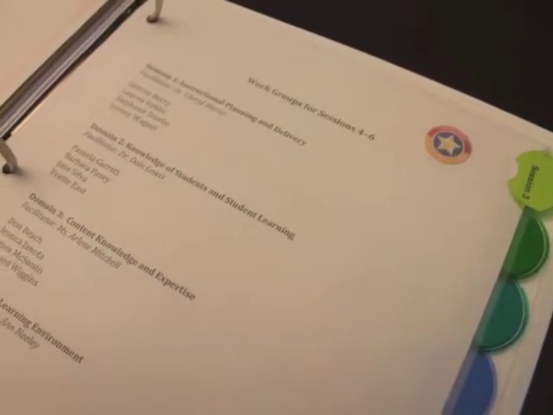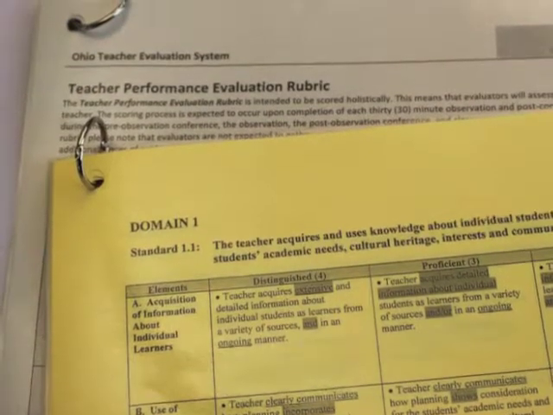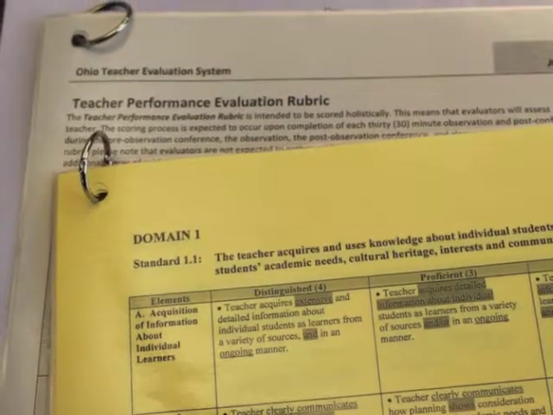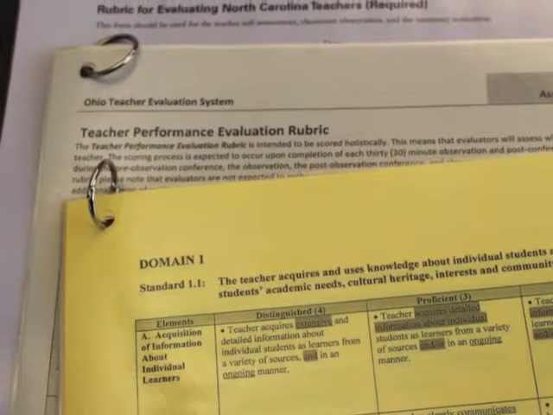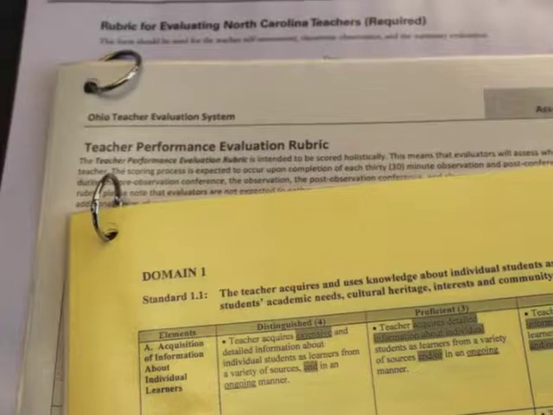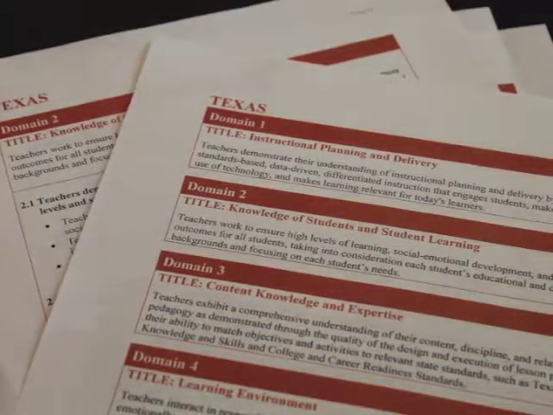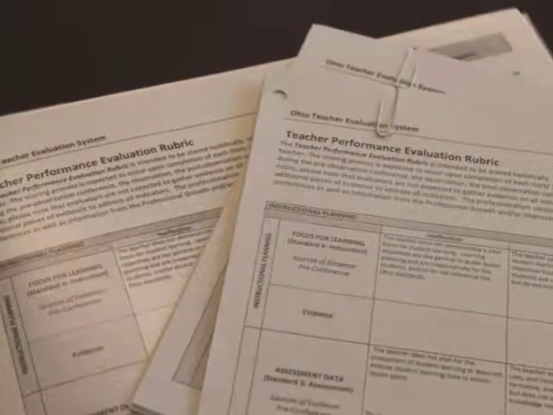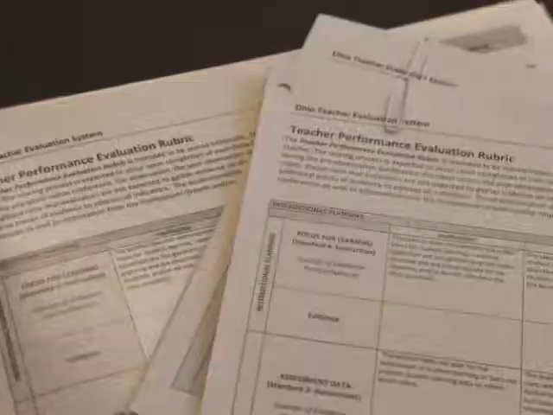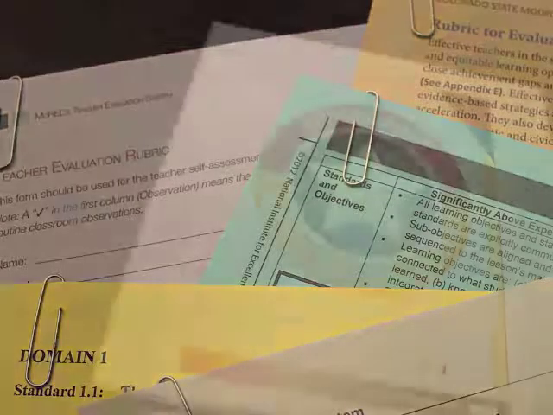Once you have joined your assigned group at your table, you will find laminated copies of all 5 rubrics. These copies will serve as a master set of rubrics and should not be cut or marked on at any time. You will also find 2 paper copies of the proposed teacher standards, 2 paper copies of the Ohio rubric, and 1 paper copy for each of the remaining 4 rubrics.